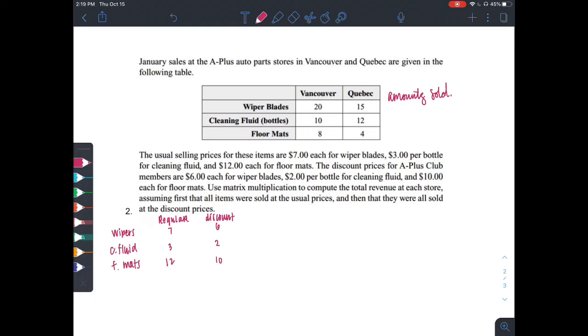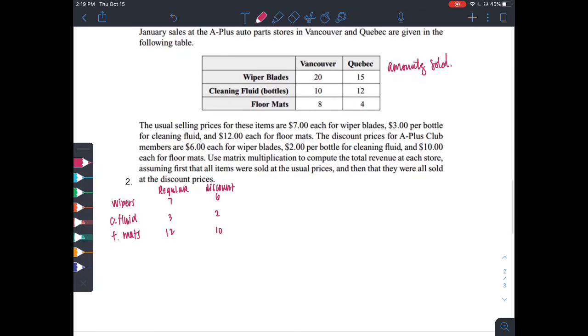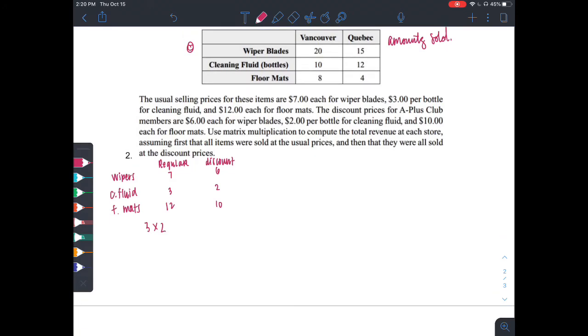So what we're going to do is create our matrix here. So we're going to multiply our matrix right here. Right now we have a 3 by 2 and another 3 by 2. So we're going to flip this one on its side so that we can do some actual multiplication.